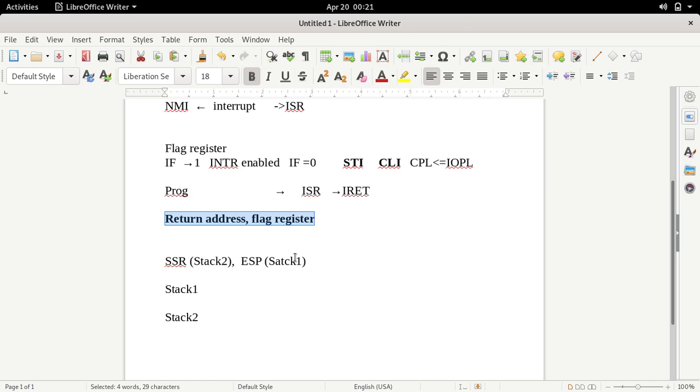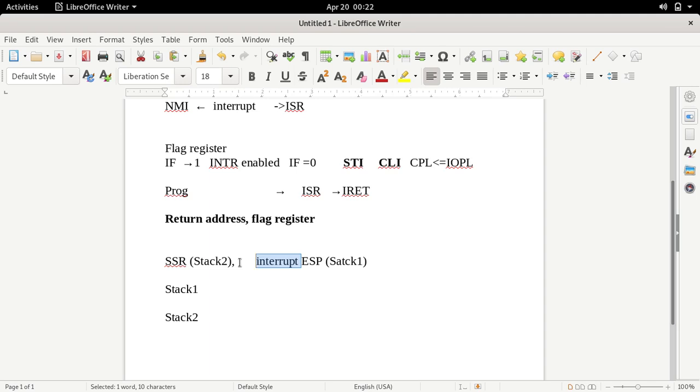So here we have changed the content of SSR, and suppose an interrupt occurs, then how should 80386 behave? Can 80386 provide service to this particular interrupt? In order to provide service, control has to go to the ISR. Before that, we have to push the content of the flag register and the return address onto the stack.